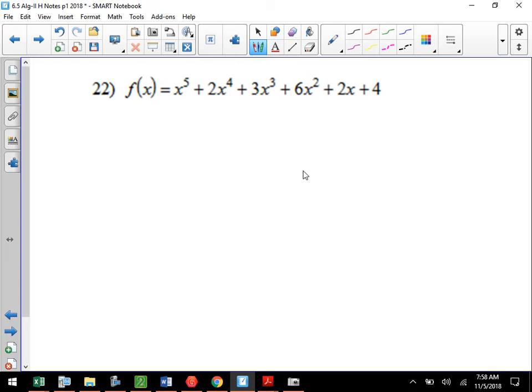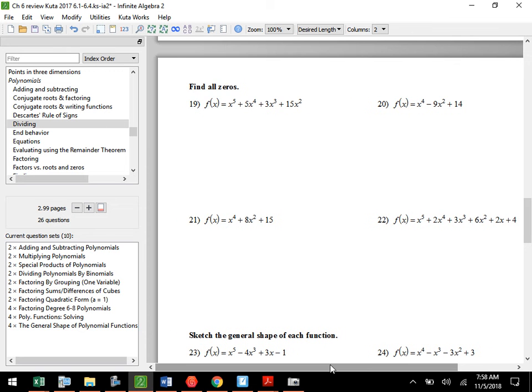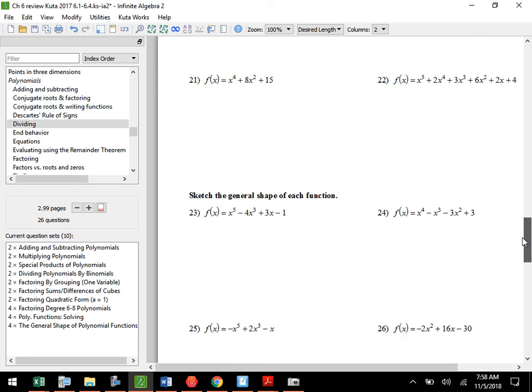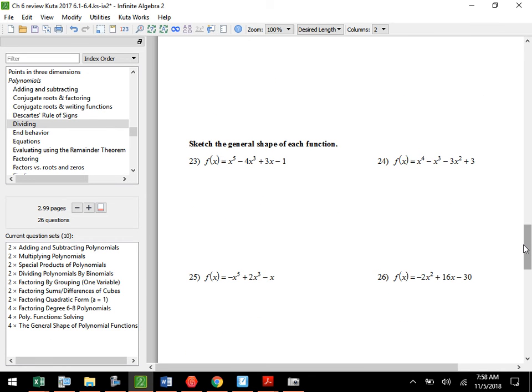But for us right now to be able to factor, we have to be able to do stuff that looks like number 20, number 19, 21 is okay.